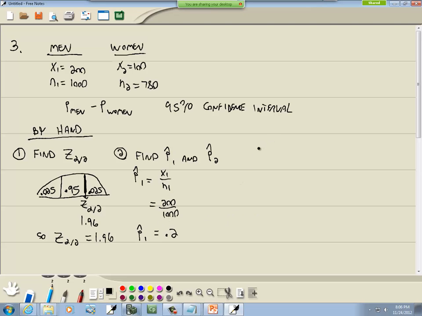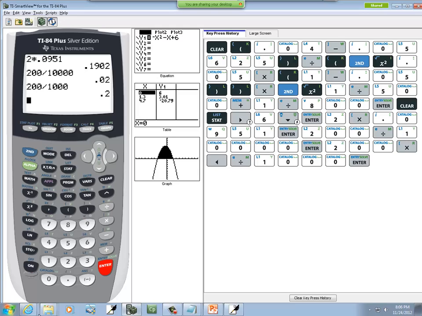Okay. And then P hat sub 2 is going to equal x2 over n2. x2 is 100 over 780. So P hat sub 2 is equal to 100 divided by 780.